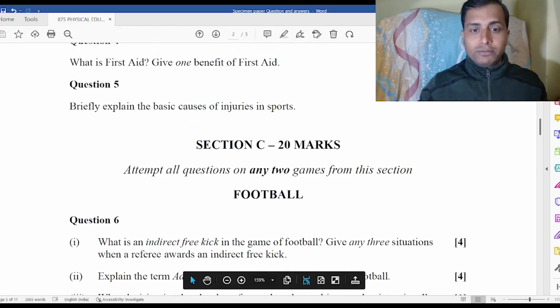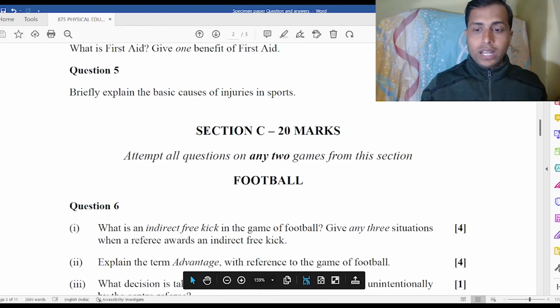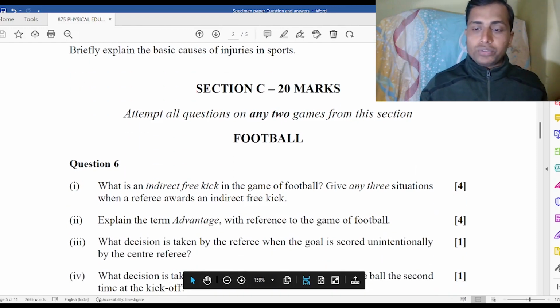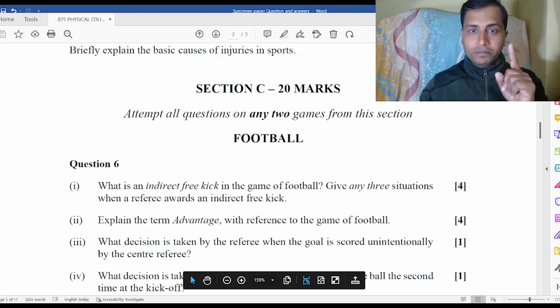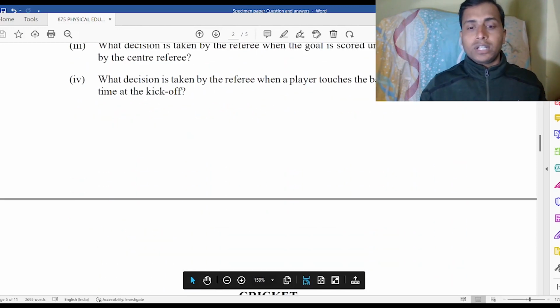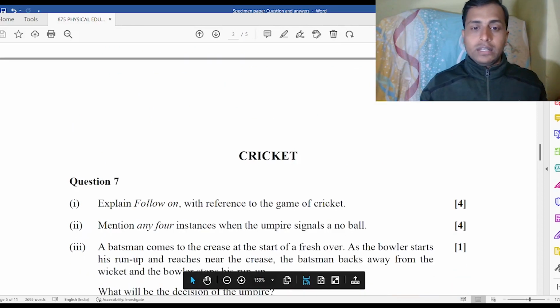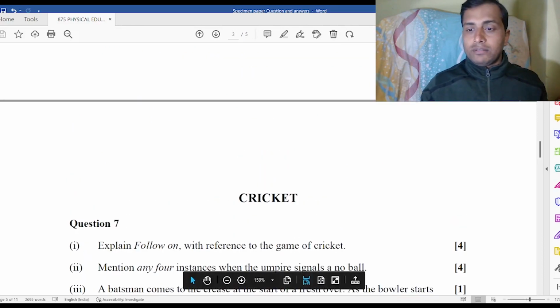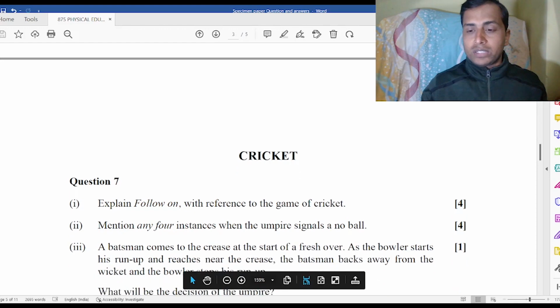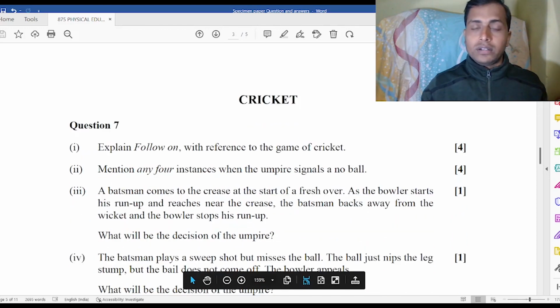As you can see, the football. There will be two 4-mark questions and two 1-mark questions. That means 10 marks for one game. In the second game also, if you consider cricket, there you can see 4 marks, 4 marks, 1 mark and 1 mark, total 10 marks.